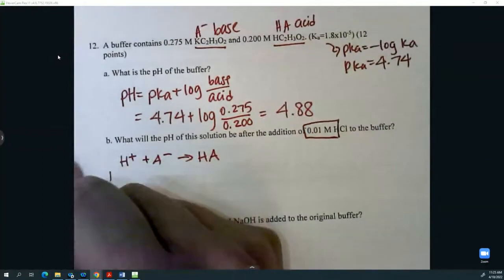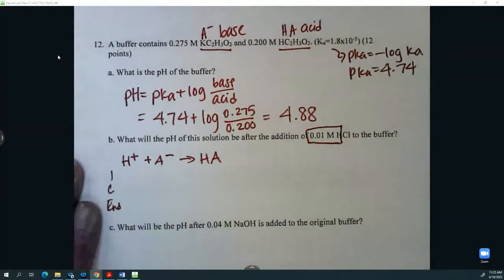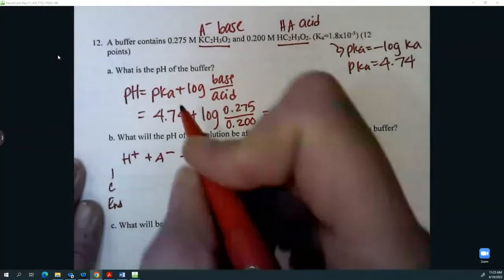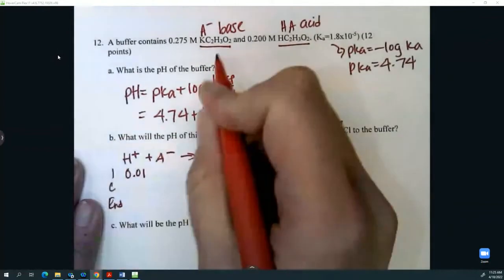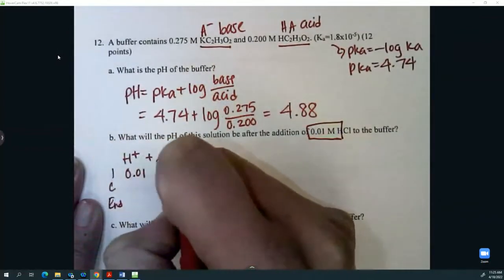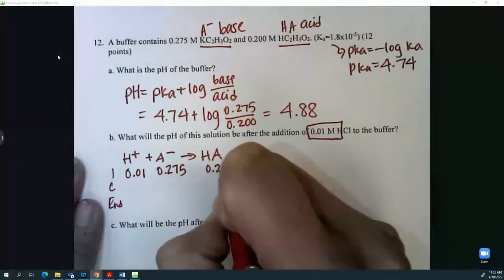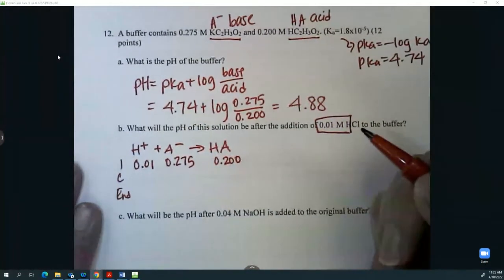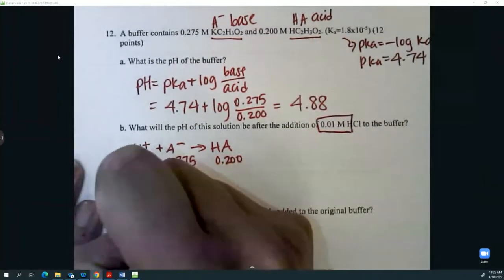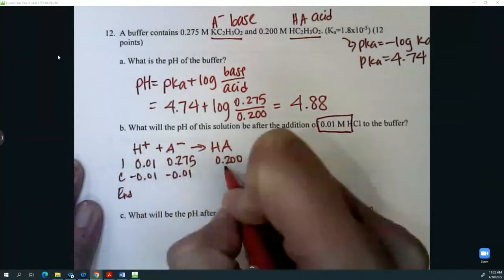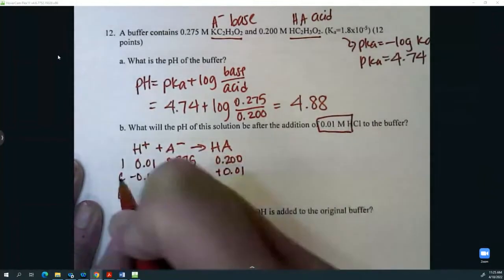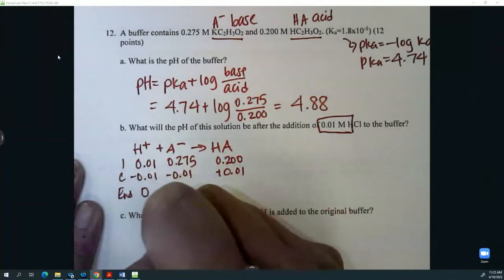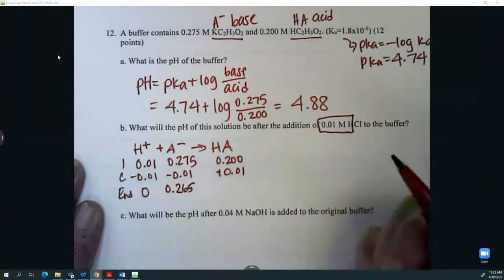And so I can, again, make my kind of modified little ice table here where I plug all those numbers in. And then I get rid of the strong acid. Use it all up. Change signs with the arrow.